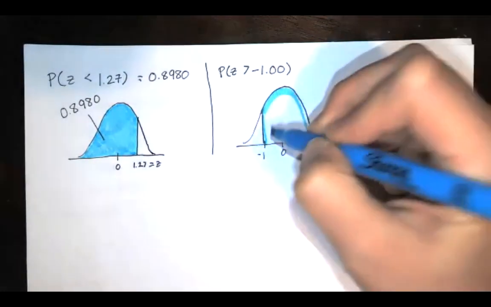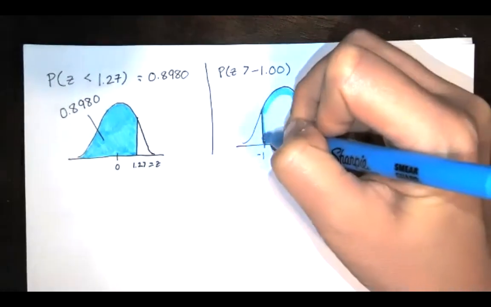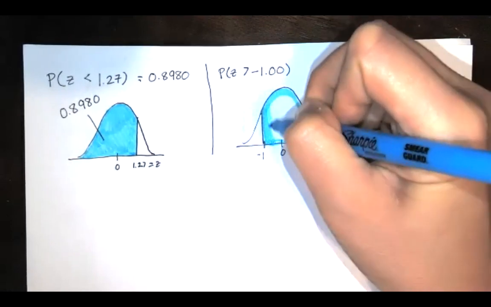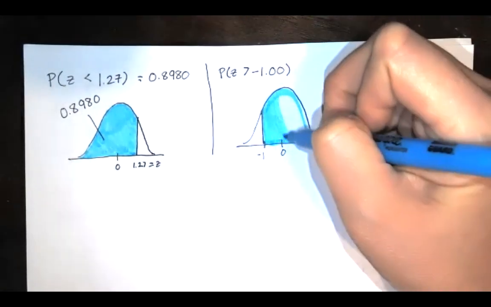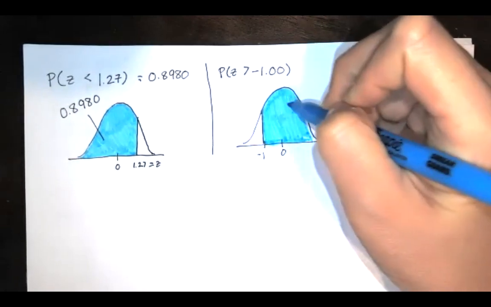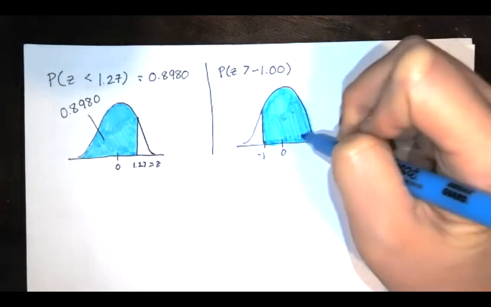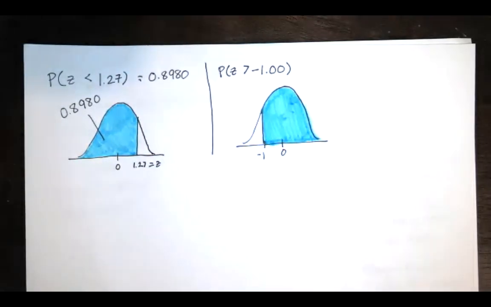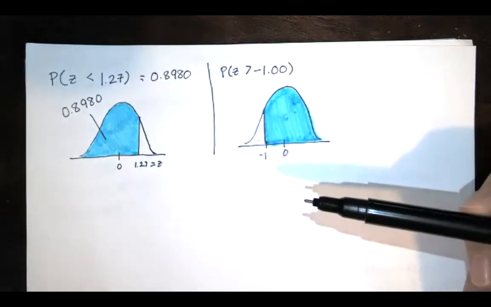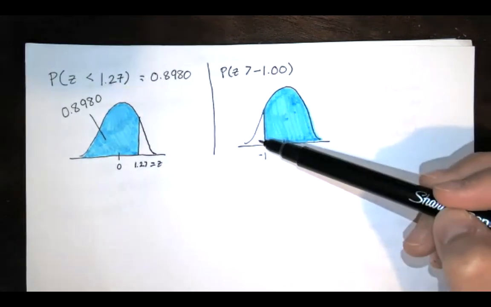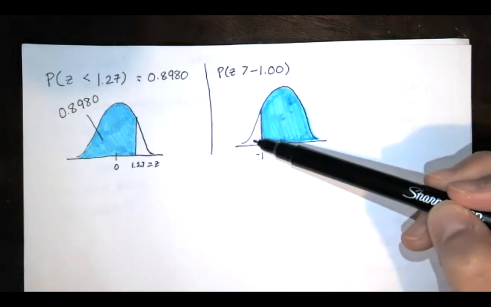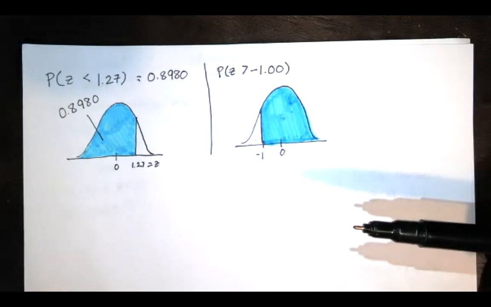But our tables don't give us area to the right. They only give you area to the left. But it's easy enough to find area to the right if you have area to the left, because remember, the total area under this curve is 1. So if this area was 0.3, this would be 1 minus 0.3, or 0.7. If this was 0.2, this would be 0.8.